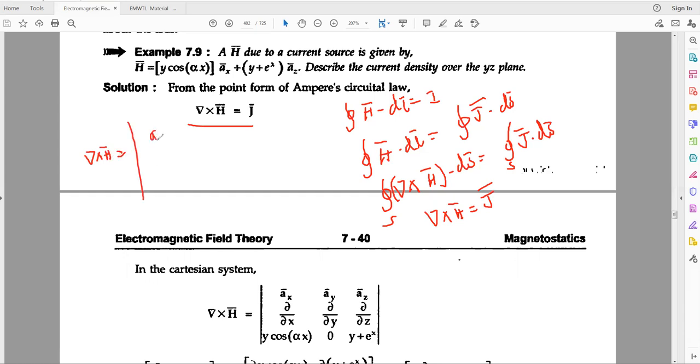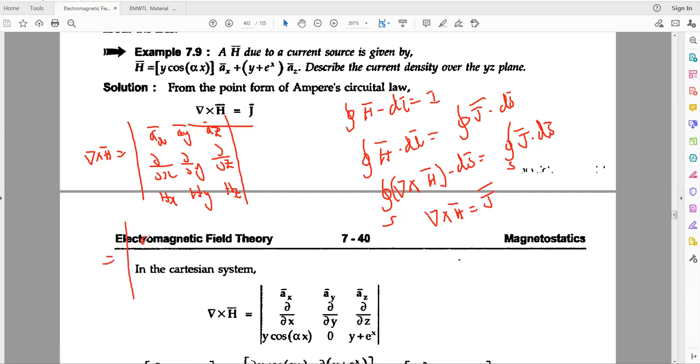In the Cartesian coordinate system, the unit vectors are AX bar, AY bar, AZ bar. Del is dou by dou X, dou by dou Y, and dou by dou Z. And H values: AX bar coefficient is HX, AY bar coefficient is HY, and AZ bar coefficient is HZ.